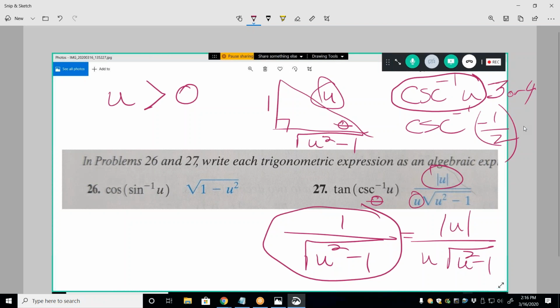And then if I'm taking the tangent and it's in the third, I'm going to have a positive answer. If you take the tangent of a third quadrant angle, you're going to get a positive answer. And does this give me that? Let's see, it gives me a positive numerator.